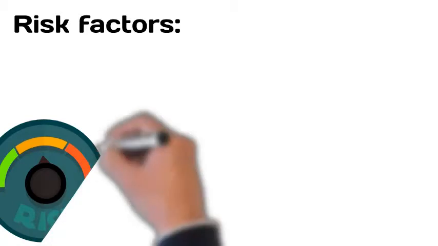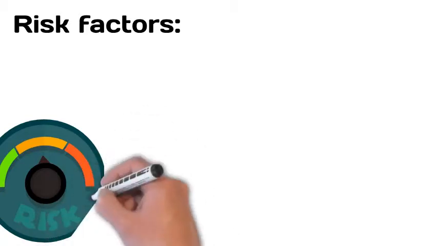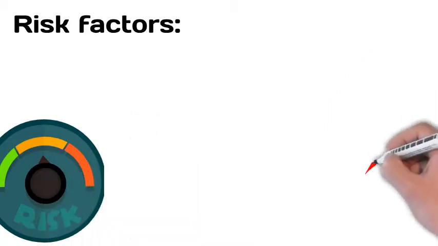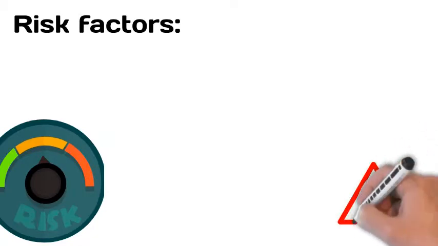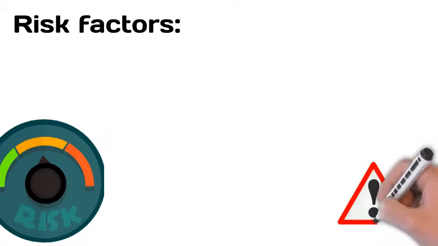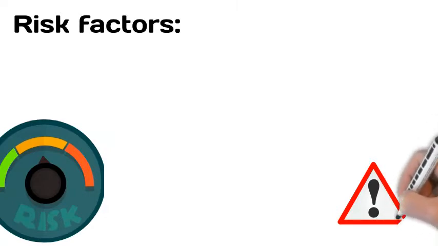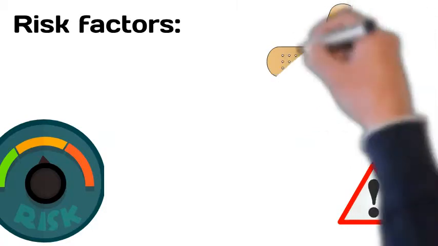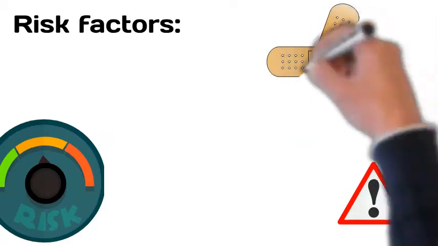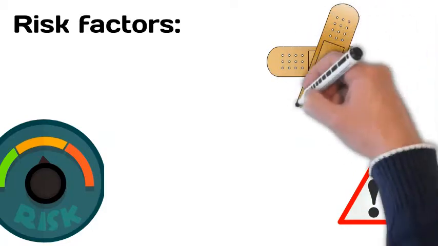That's how, if you get a cut and that bleeding starts, that's how the bleeding stops. Our blood is supposed to clot. The problem here is when the blood clots for no reason, and these clots then cause problems as DVT or PE.